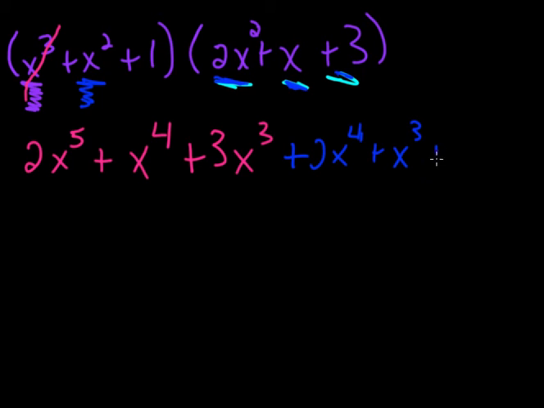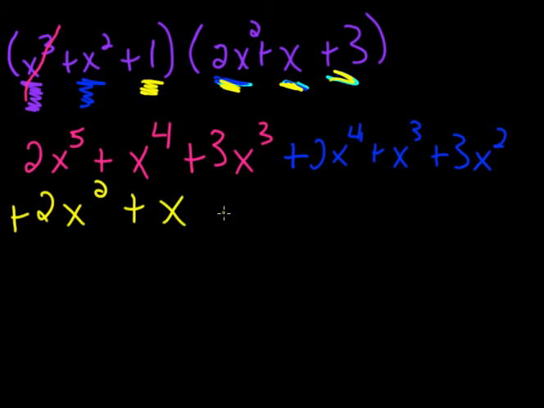And x squared times 3 is 3x squared. Next, and they keep going, I have this 1. And this 1 is going to be multiplied by each of these terms again. And so 1 times 2x is 2x squared. 1 times x is x. And 1 times 3 is indeed a positive 3.